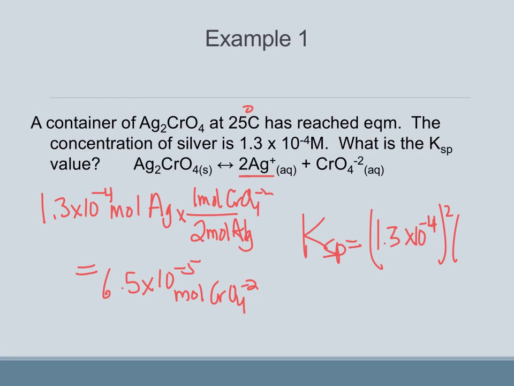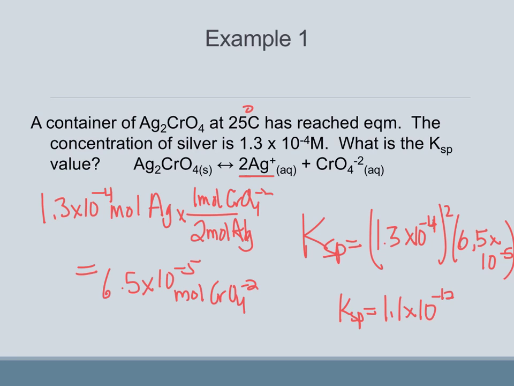And then we're going to multiply that by the 6.5 times 10 to the negative fifth, and I'll solve for my Ksp. So I will do the math, and I get a Ksp of 1.1 times 10 to the negative 12th. No unit. 1.1 times 10 to the negative 12th.